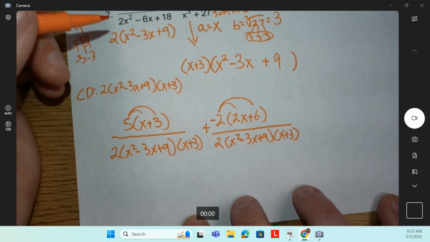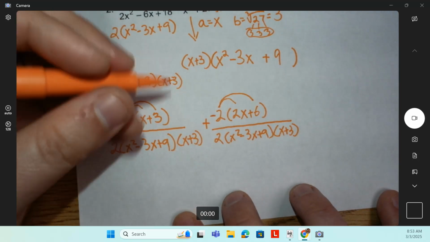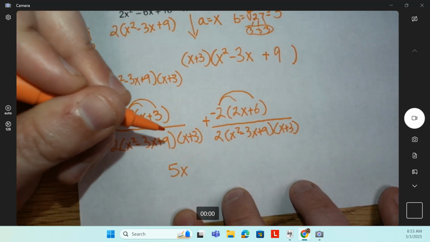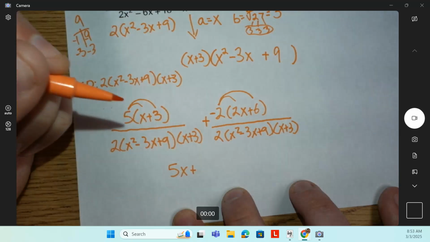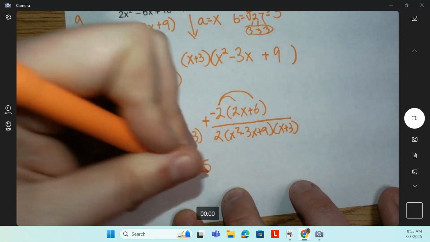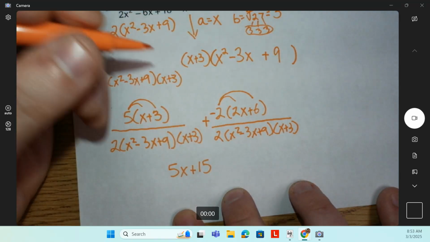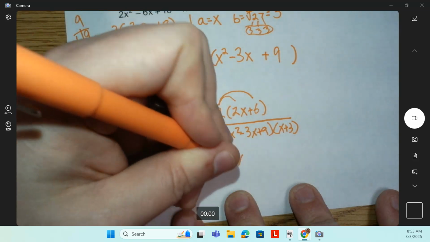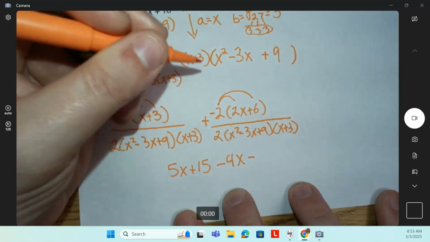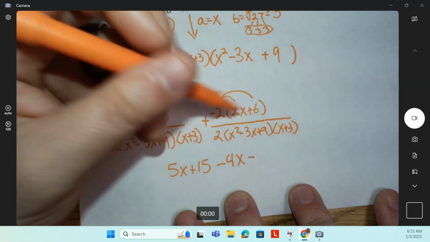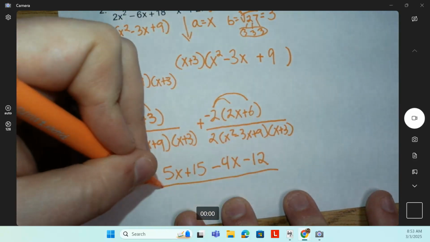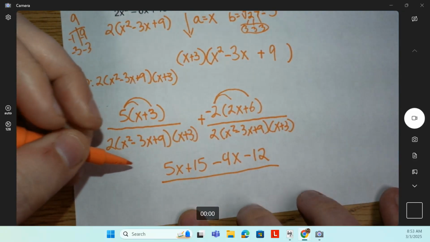And that is going to get me to where I can have those combined. So this would be 5x plus 15 minus, so negative 4x minus 12. And all of that's going to be over my common denominator.